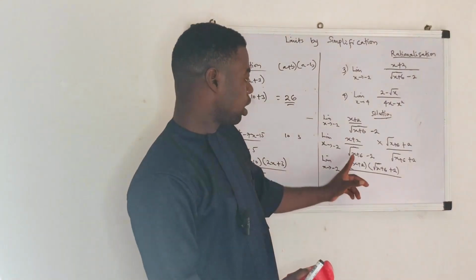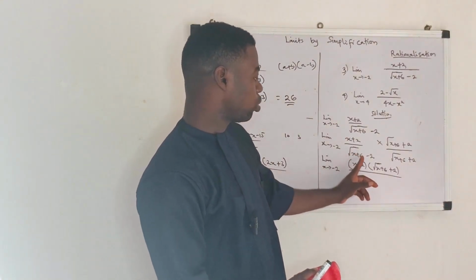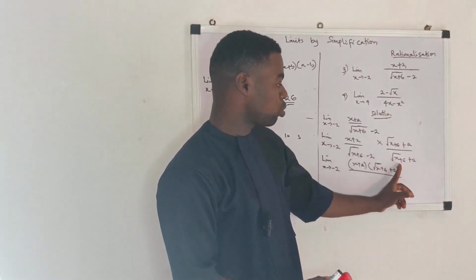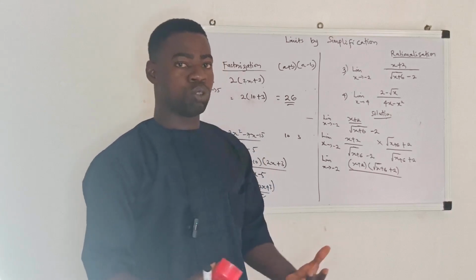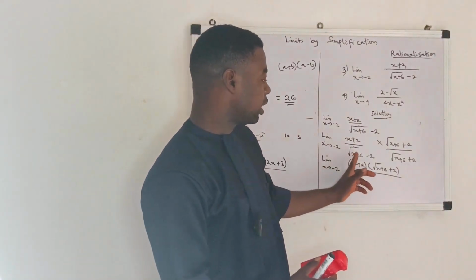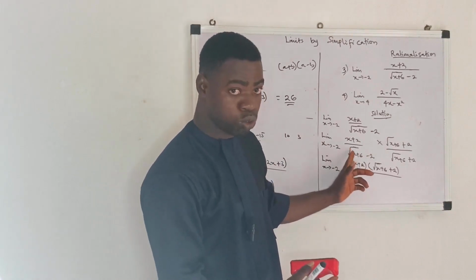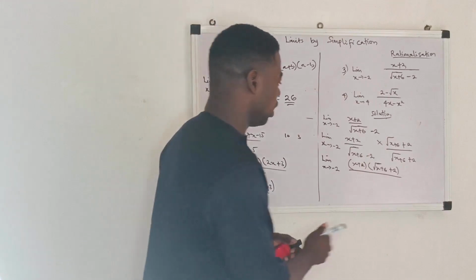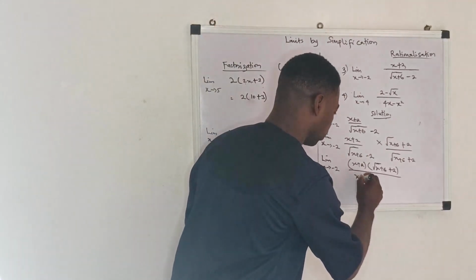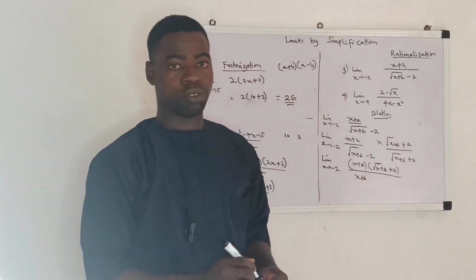So let's do that. Square root of x plus 6 multiplied by square root of x plus 6 will just be square root of x plus 6 squared. And of course, your square will take off your square root, so you're left with x plus 6.